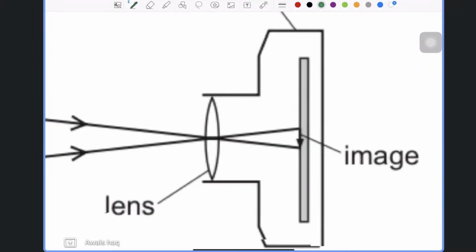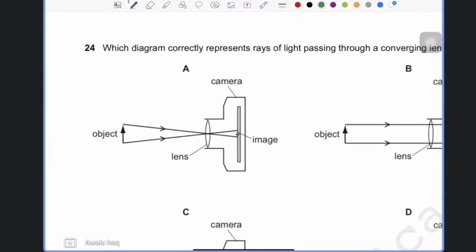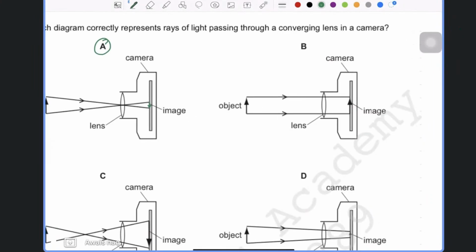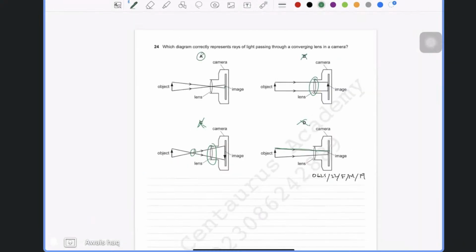If it goes from the optical center, the rays should go straight and then they should make an image smaller than the actual size. So this should be the right answer. Why is this wrong? Because the rays do not bend here, so that's absolutely incorrect. Rays bend before and then no bending here, absolutely incorrect. And here the rays are going straight again, they're not bending, that is absolutely incorrect. Is it clear, everyone?